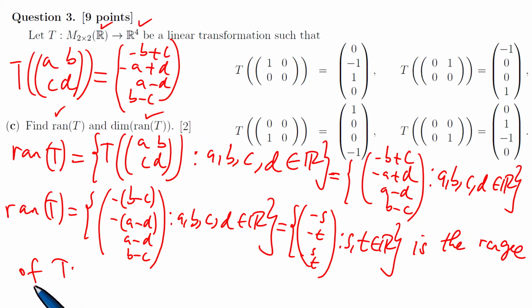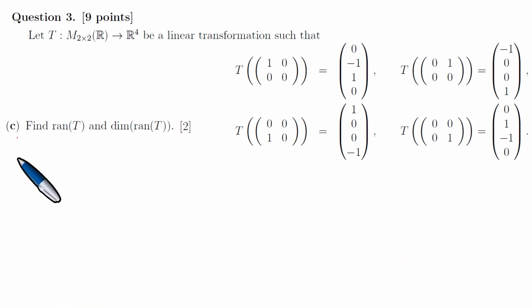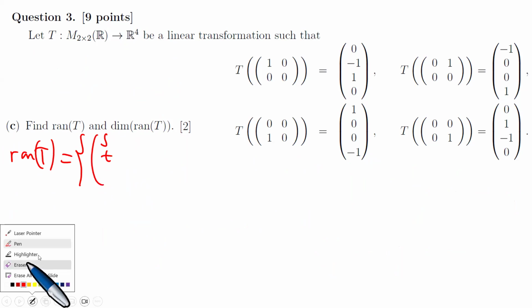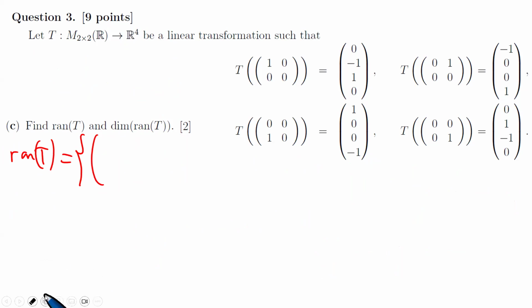So we find the dimension, and the dimension will be found as follows, because we're able to make the following observation. Therefore, at this point, if we have the range of T, which is exactly the same as, for instance, S, T, and it doesn't really matter how you do it, but there are a couple of ways to do that.